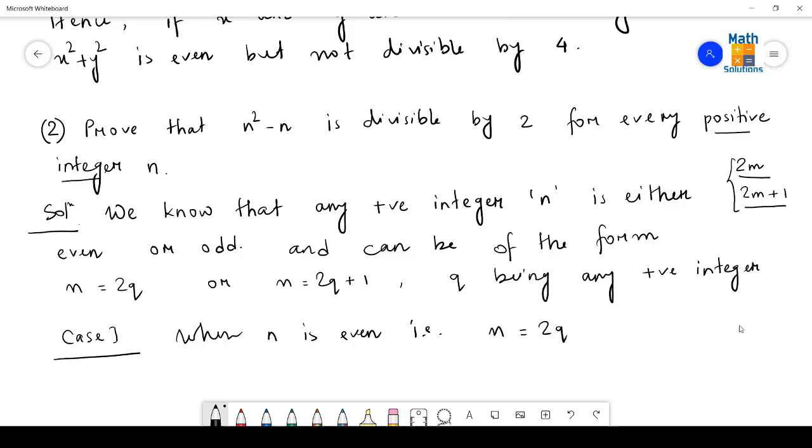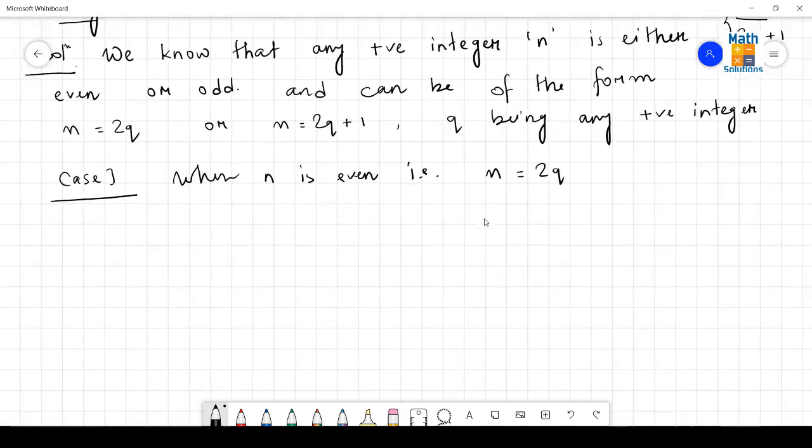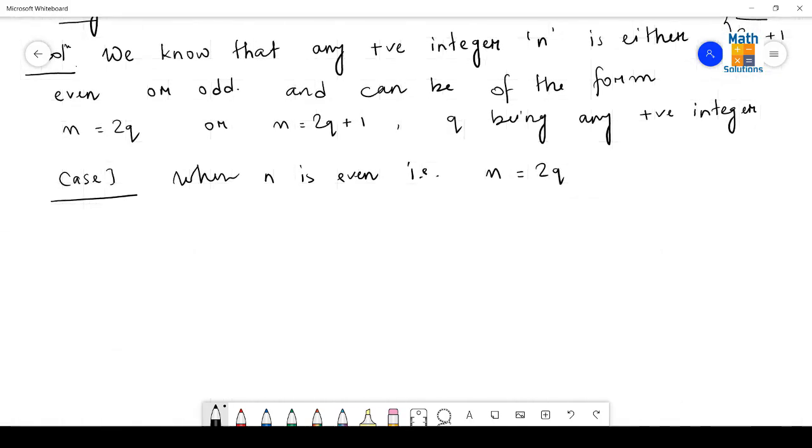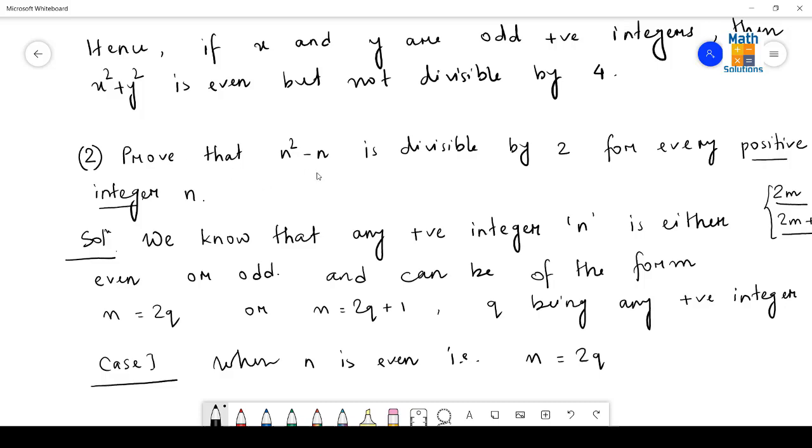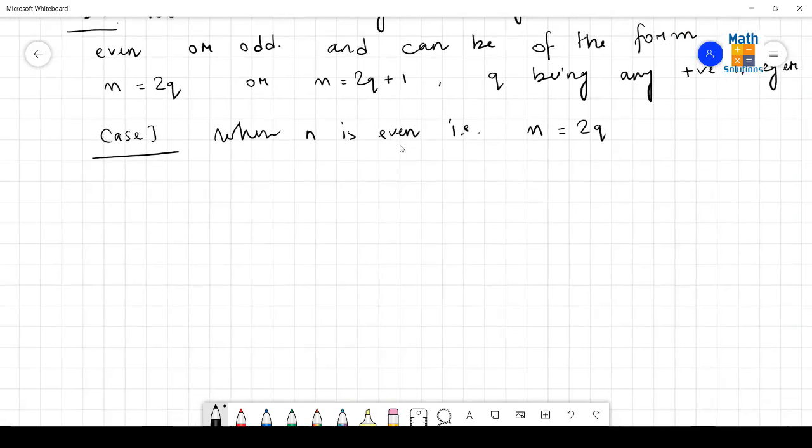Actually our intention is to find the value of n square minus n, and we have to show that it is divisible by 2. So using these two cases, let us find out the value of n square minus n.